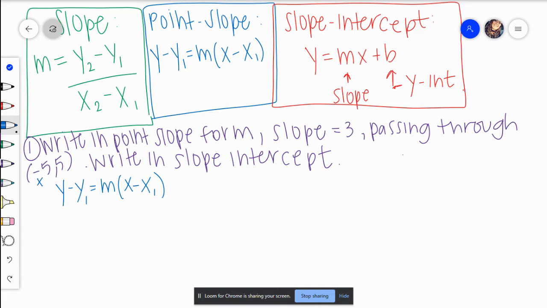Well, here is my point. So that's my x and y. Those are the coordinates for my first point, only point. I only need one to do this formula. And it told me that my slope, which is m, is 3.